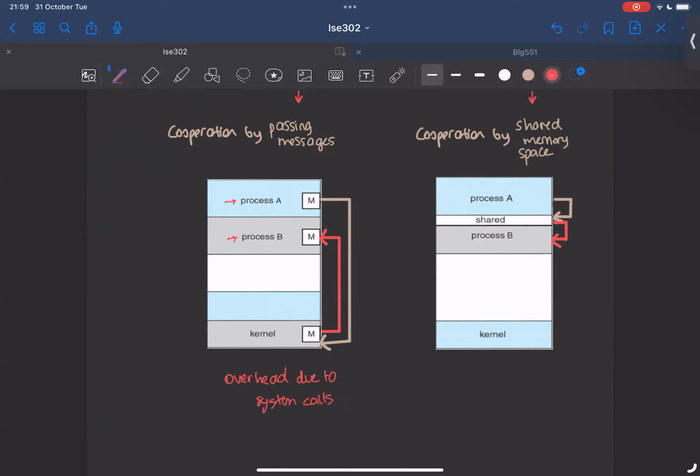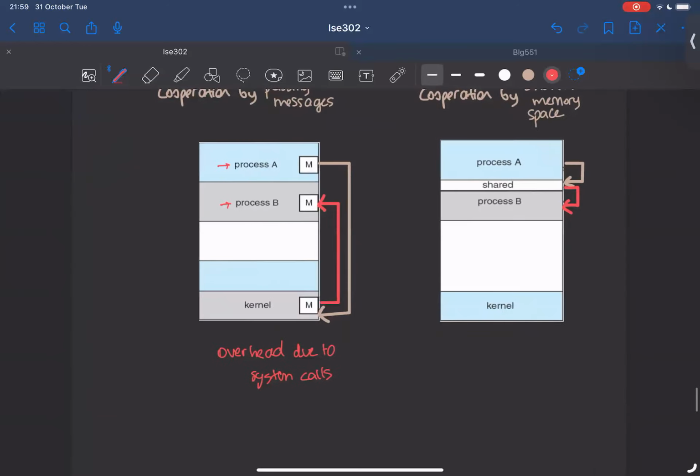Sharing an area of physical memory offers direct and efficient communication, but it requires synchronization mechanisms, yeah, to handle these potential data conflicts.